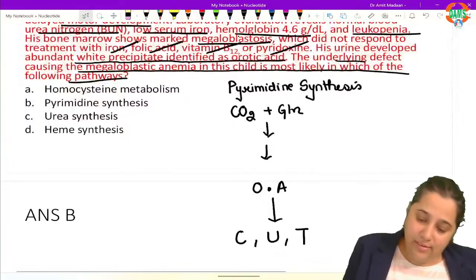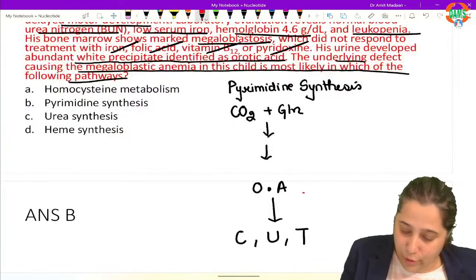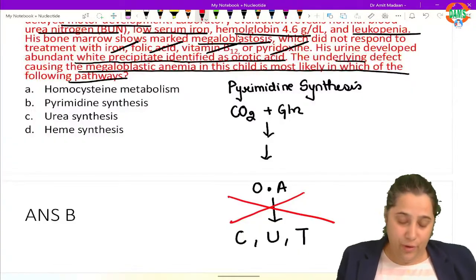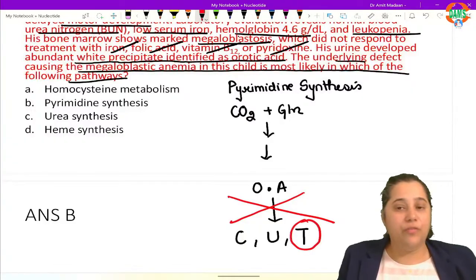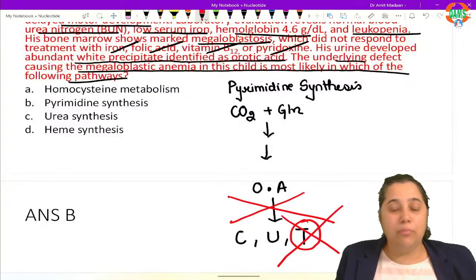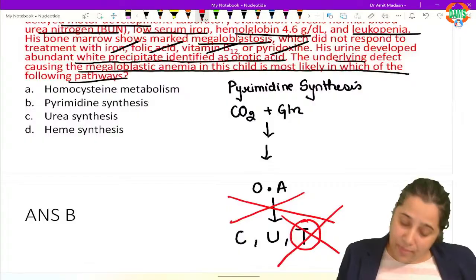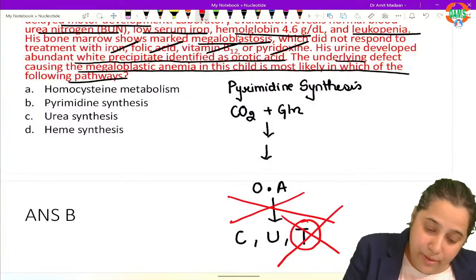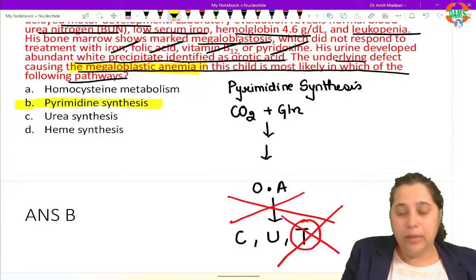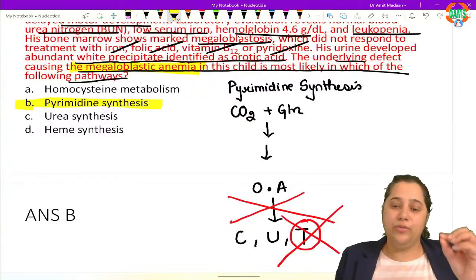And let's say the enzyme which is going to convert orotic acid to the other three is defective. What will happen to the level of thymine? There is no thymine. And what will happen if there is no thymine? That will result in megaloblastic anemia. So it is a defect in pyrimidine biosynthesis.